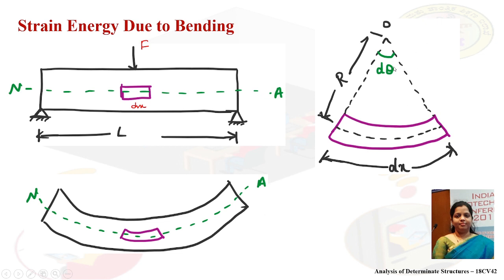Due to the bending, it is creating an angle d theta at point O. Now if we join these two sides of the beam, it is creating an angle theta. So theta will be the angular deformation. The strain energy in the element dx can be written as dU is equal to half into force into d theta.